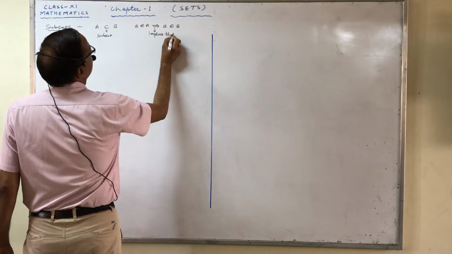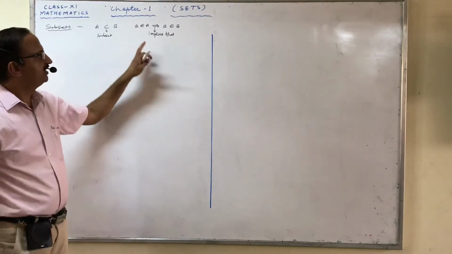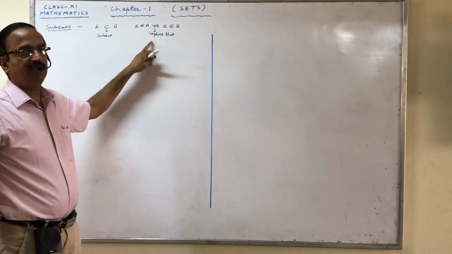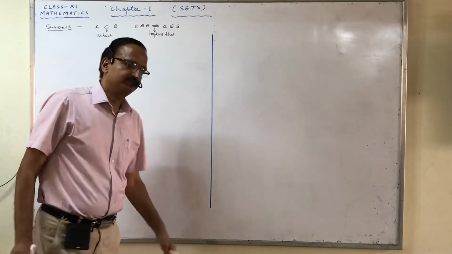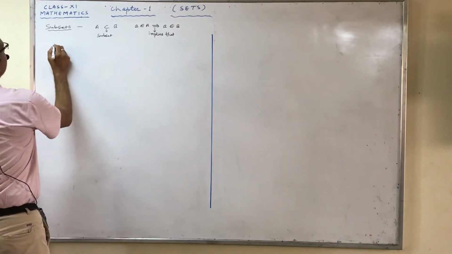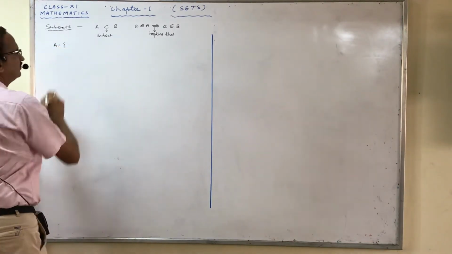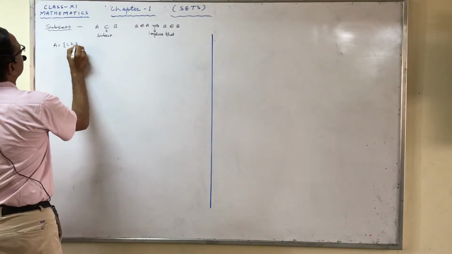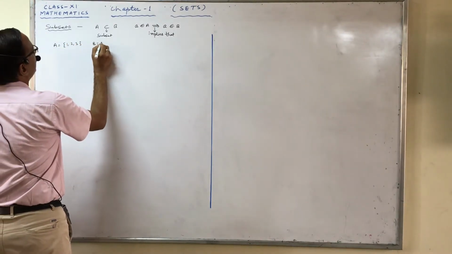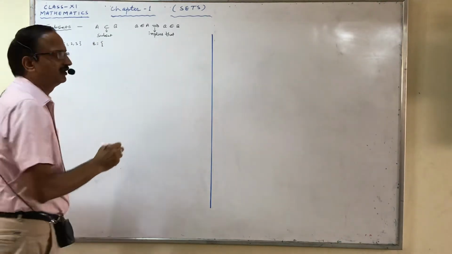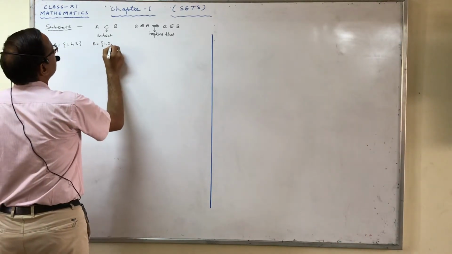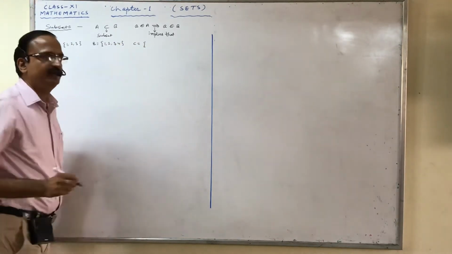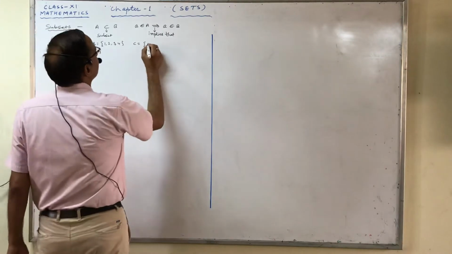For example, suppose we have a set A, the elements are 1, 2, 3. A set B, the elements are 1, 2, 3, 4. And a set C, the elements are 2, 3 and 1.